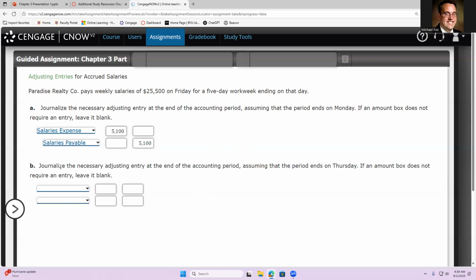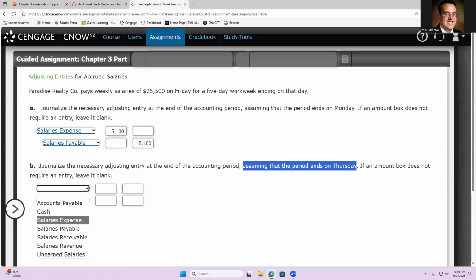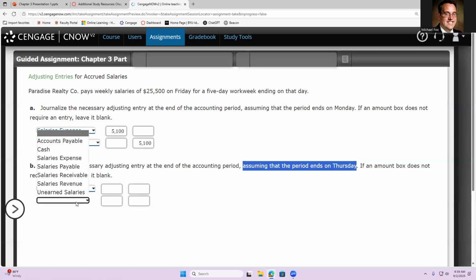And then it says journalize the necessary adjusting entry at the end of the accounting period, assuming that the accounting period ends on a Thursday. So now you have Monday, Tuesday, Wednesday, Thursday, 4 days worth for this second one. So we would just do 4 times 5,100, which should be 20,400. So they're just giving us two scenarios here. But the accounts at play are still the same for all of these adjusting entries.